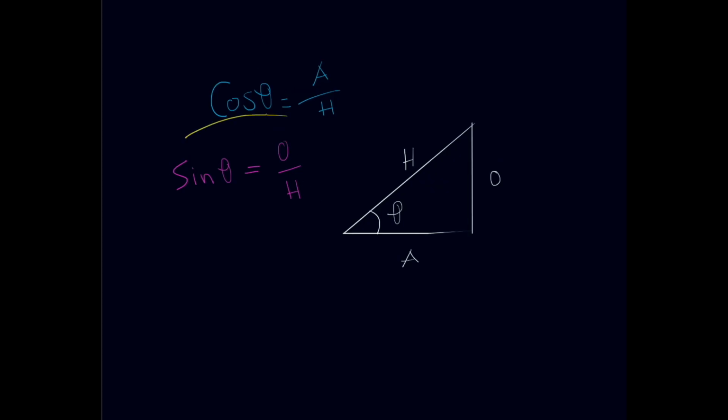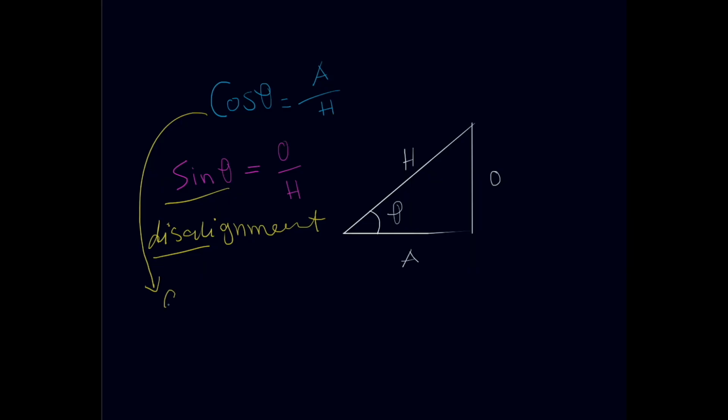Now, conversely, cosine can be found by dividing the adjacent side by the hypotenuse. And so we previously established that sine is a measure of disalignment. Cosine is the opposite. It doesn't stand for disalignment, it stands for alignment.